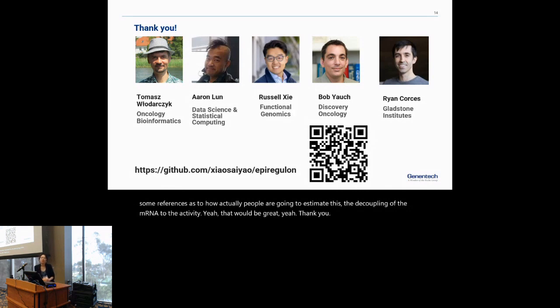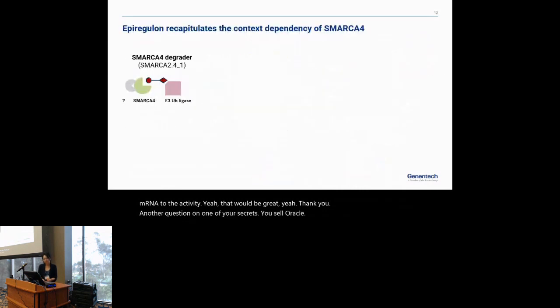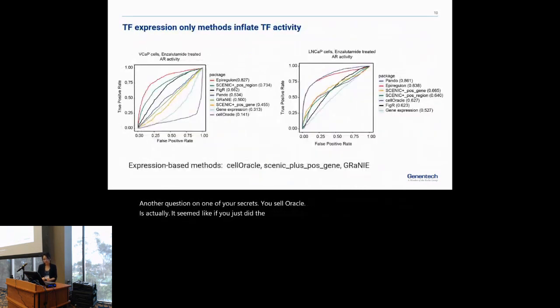I had a question on one of your ROC curves. Cell Oracle seemed like, if you just did the reverse predictions, it might have had the highest AUC. Is it a good method to just reverse Cell Oracle's predictions? Is it okay to reverse the area under the curve, or take 1 minus that?